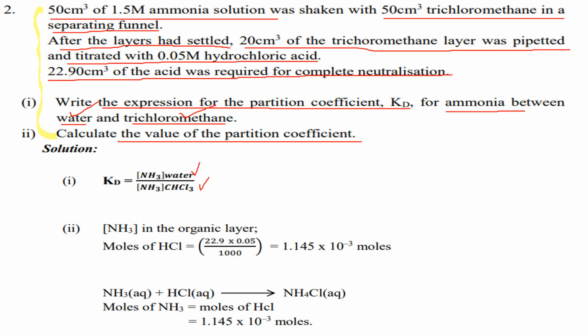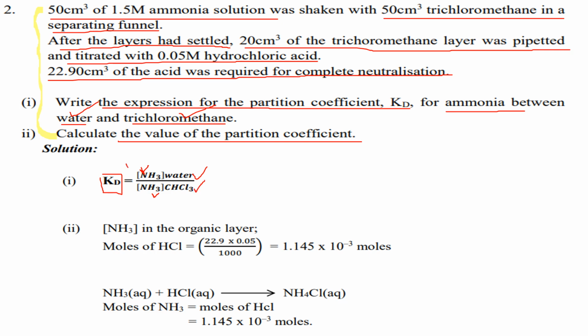So let's proceed. We are saying that the expression is going to be given by KD. KD is going to be attained by molar concentration of ammonia as dissolved in water to the molar concentration of ammonia as dissolved in trichloromethane.